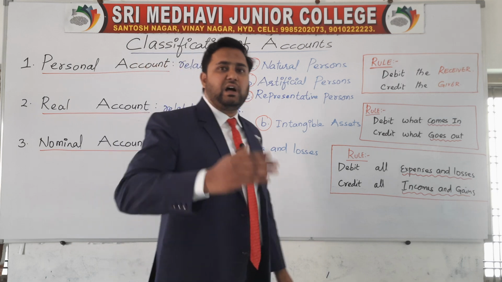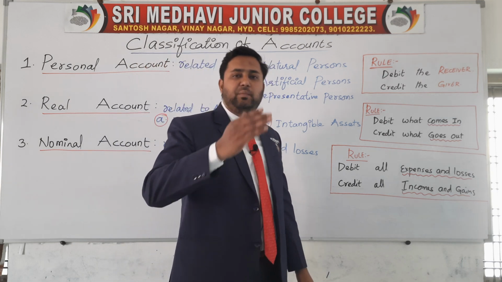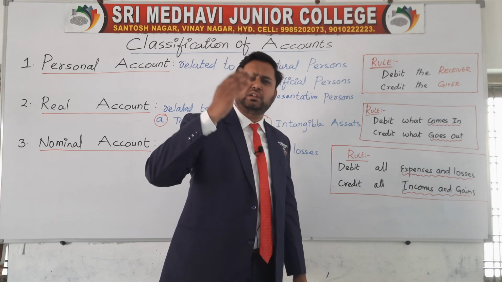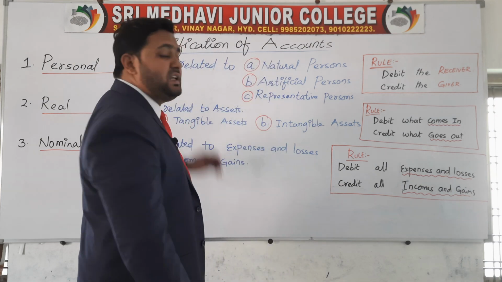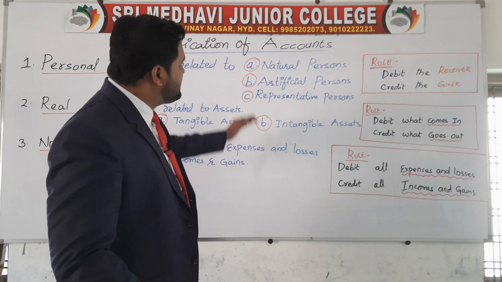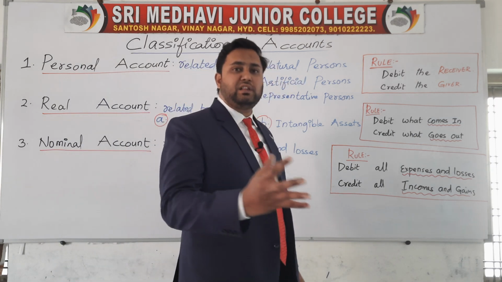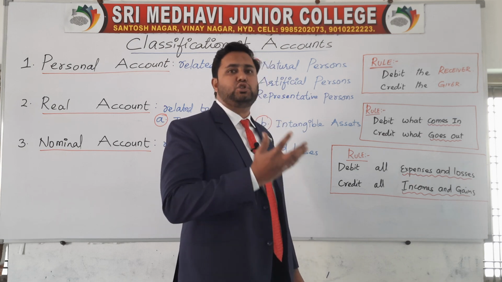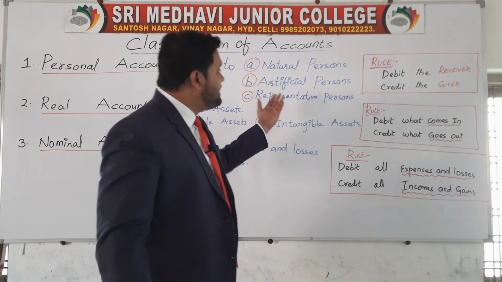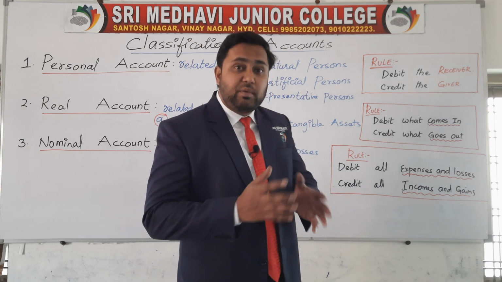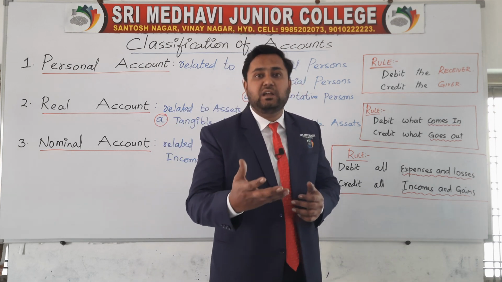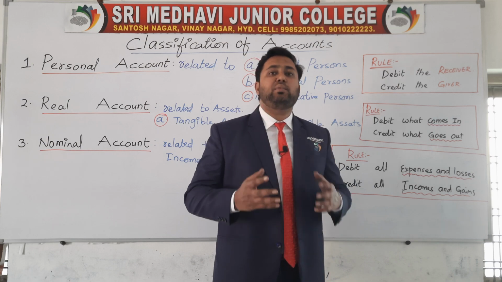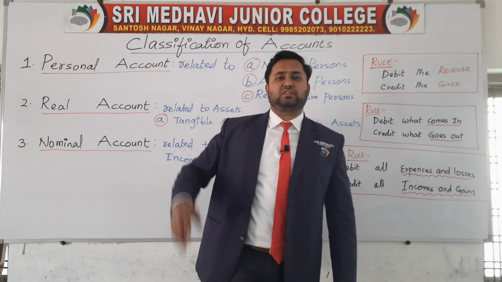Natural persons: Ram, Rahim, Peter, Alia, Priyanka, Sadhana, Kavita, Lakshmi. Artificial persons: Andhra Bank, Axis Bank, Life Insurance, Bharti AXA Life Insurance. Representative persons, such as the salaries of employees account, also come under personal account.